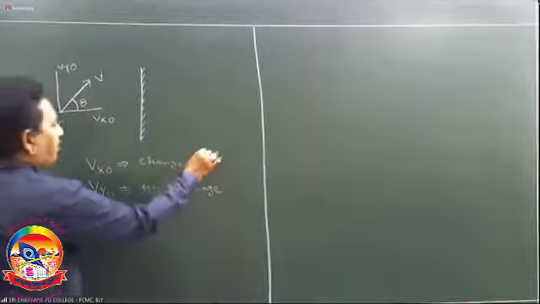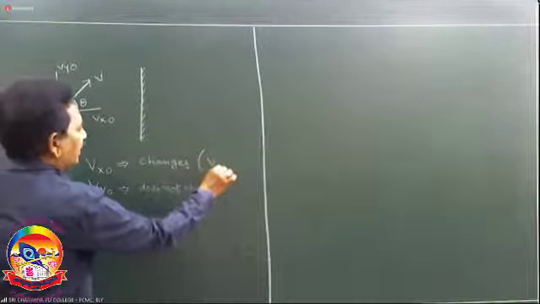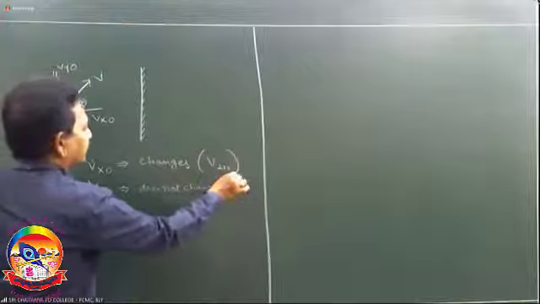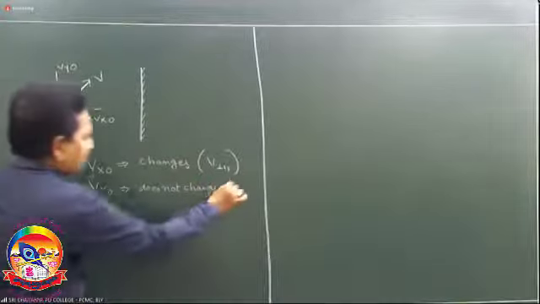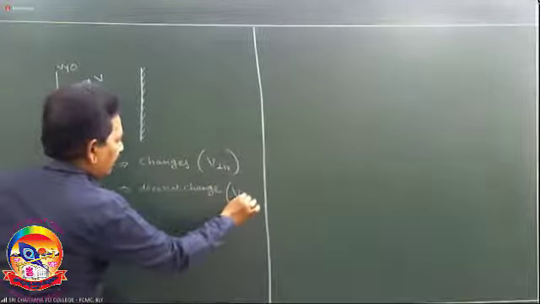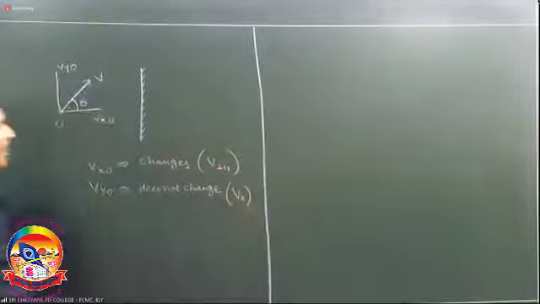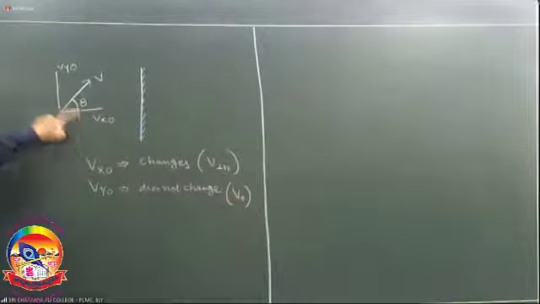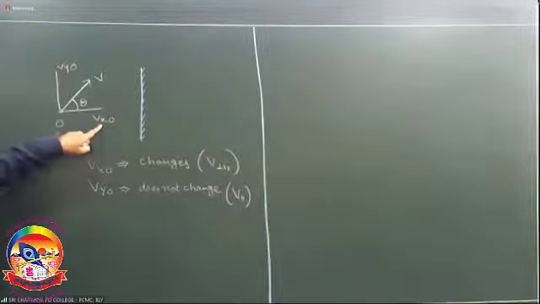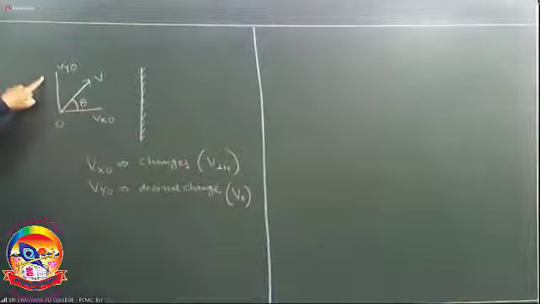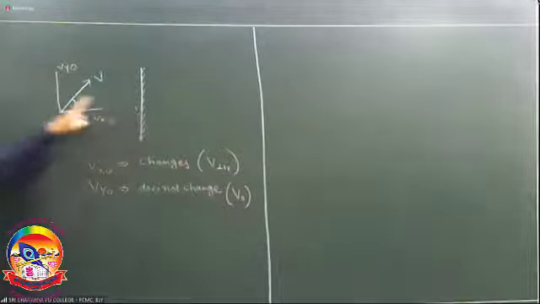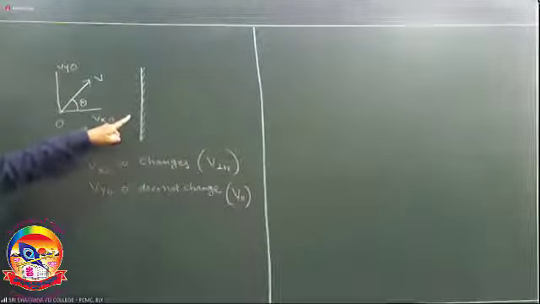Velocity perpendicular to the mirror, velocity parallel to the mirror. Out of Vx and Vy, which is perpendicular to the mirror? Vx. It changes. And Vy is parallel to the mirror, so it will not change.